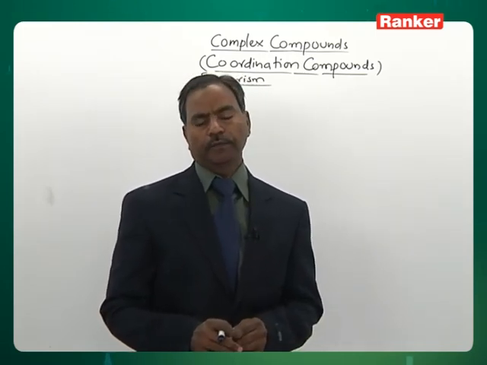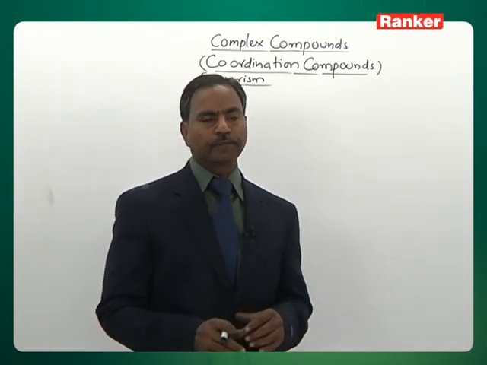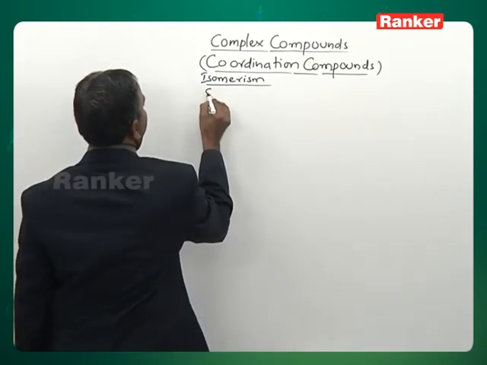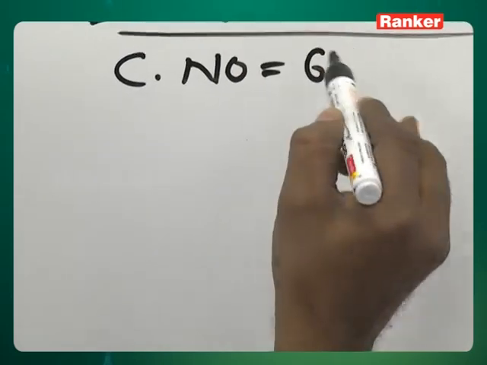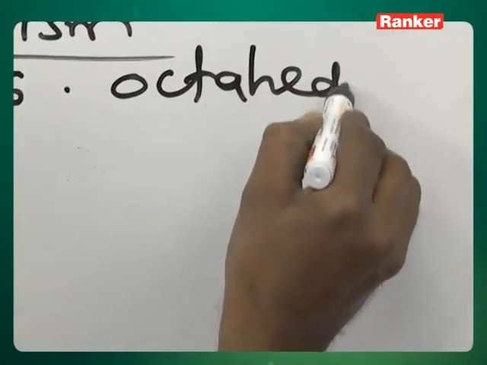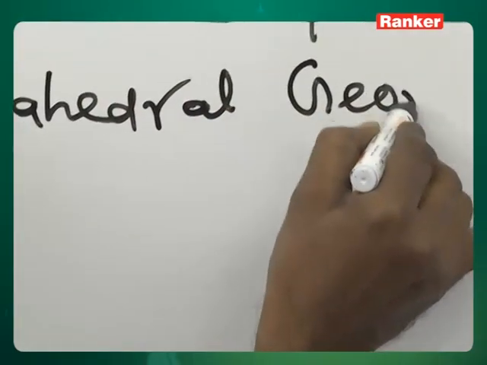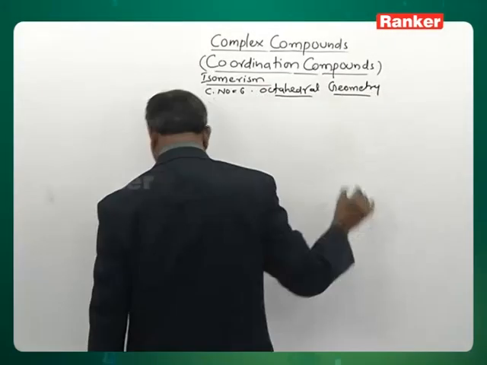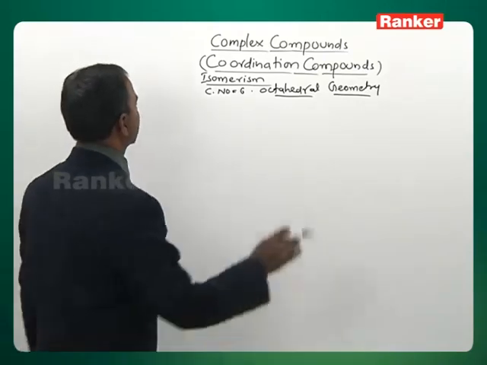Now we will see coordination number 6, octahedral geometry, and how optical isomerism appears here.